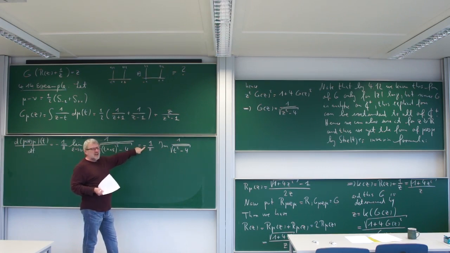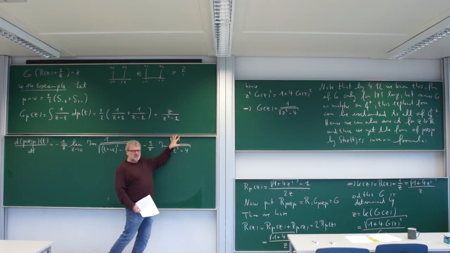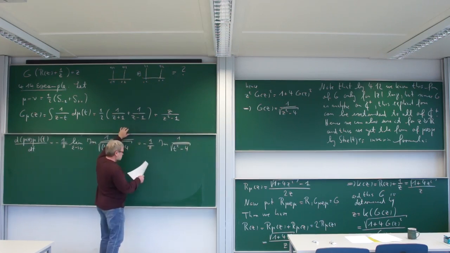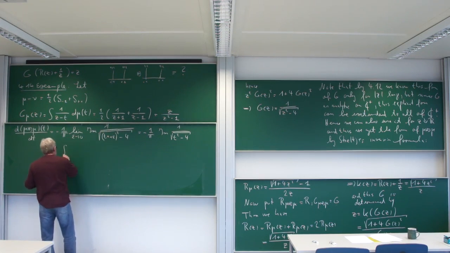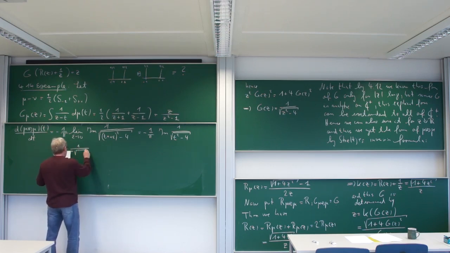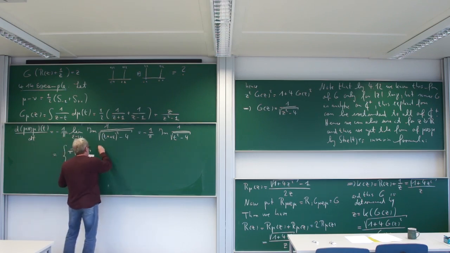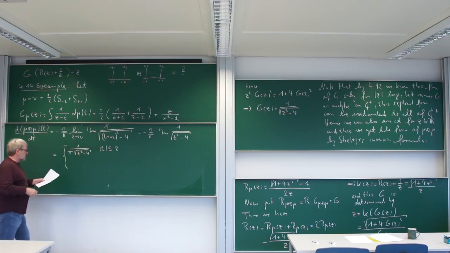A priori, it looks as if you would have a negative density, but of course, there must be another minus coming somewhere from here. And that's what happens here. So what we get is 1 over pi times 1 over the square root of 4 minus t squared, if t is between minus 2 and plus 2. And otherwise we get 0.